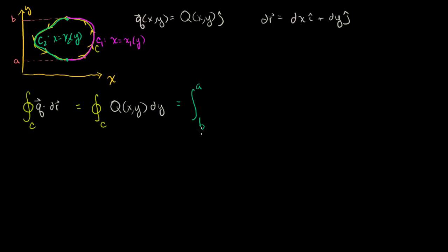The integral from b to a of Q of, instead of having an x there, we know along this curve right here, we want everything in terms of y. So here, x is equal to x2 of y. So Q of x2 of y, comma y.